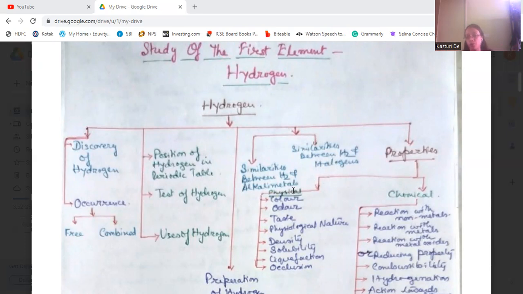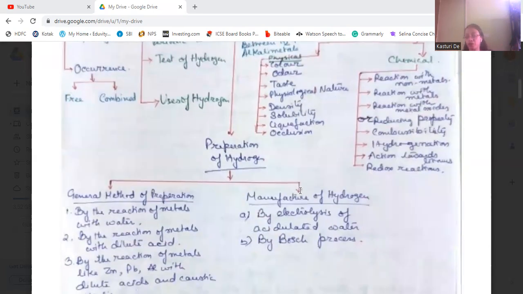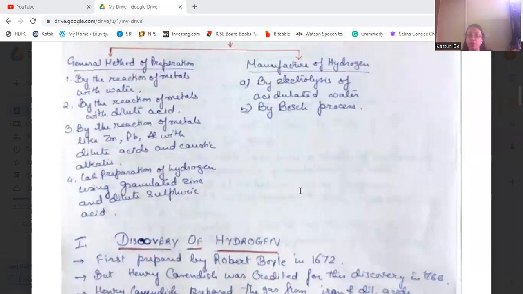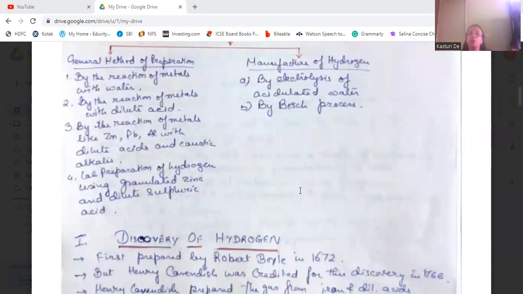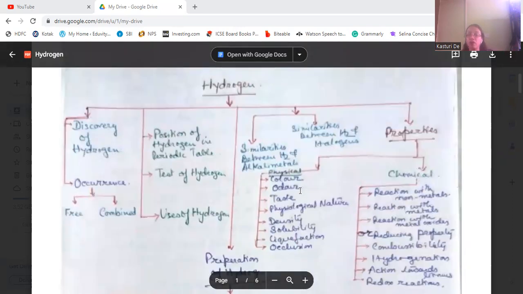halogens also. Now its properties, physical properties and chemical properties, its preparation, that is general methods of preparation, and also the manufacturing, the industrial processes of manufacturing. So we will come across all these.